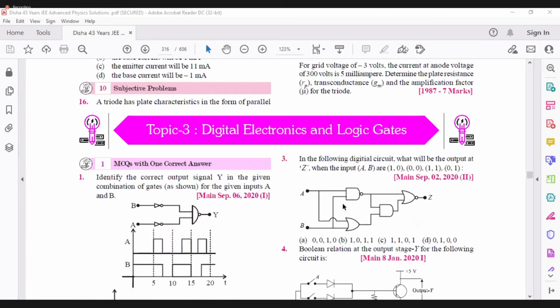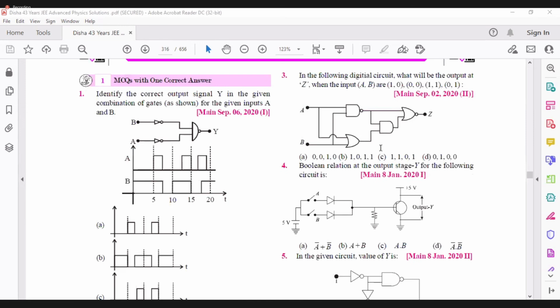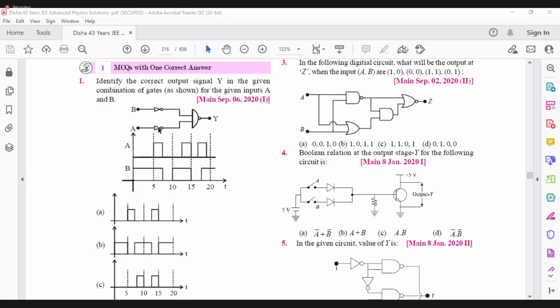And then the logic gates you can do, right? What is this gate? NAND gate. What is this gate? OR gate. What is this gate? AND gate. What is this gate? NOR gate. These two gates are NOT gate. AND gate.